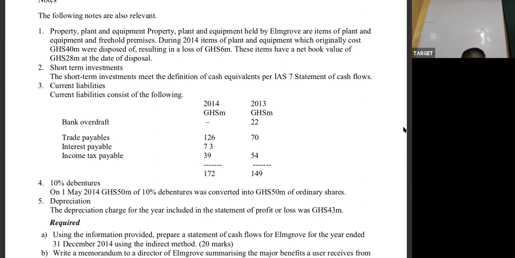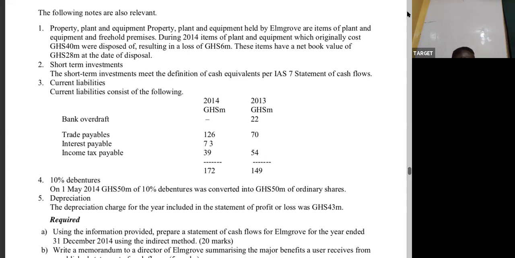During 2014, items of plant and equipment, which originally cost 40 million, were disposed of, resulting in a loss of 6 million. This item had a net book value of 28 million at the date of disposal. Powerful. Over here, this is disposal. In disposal, you need 3 items. All of them are equally important.